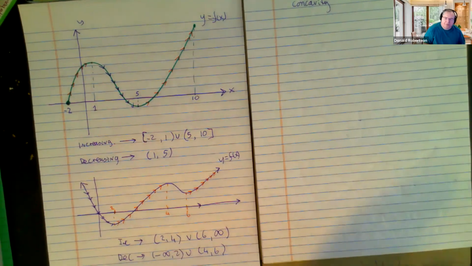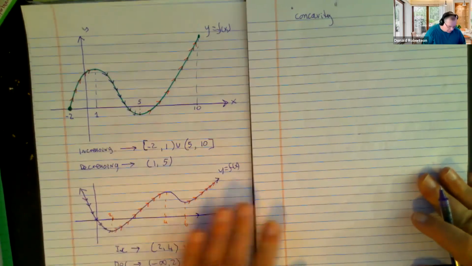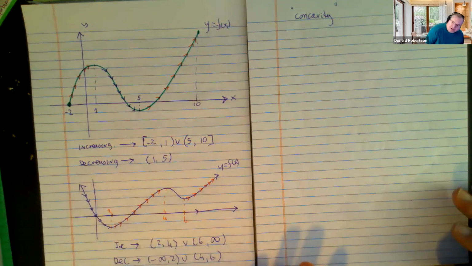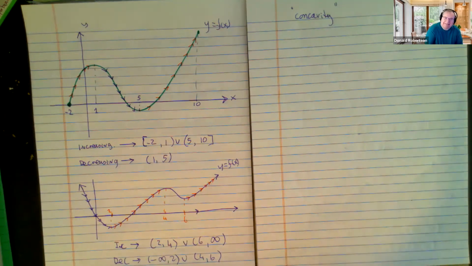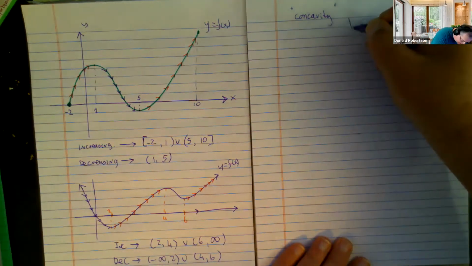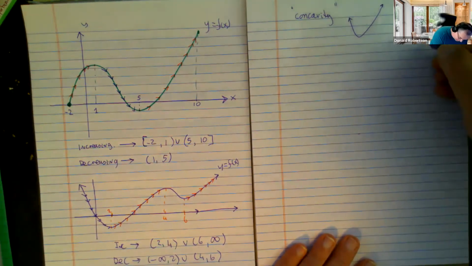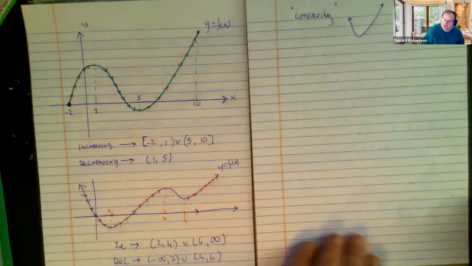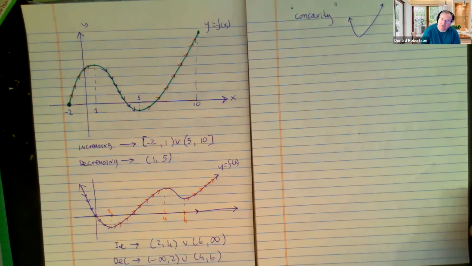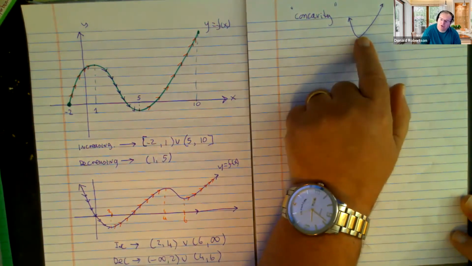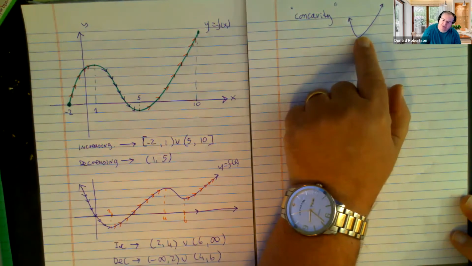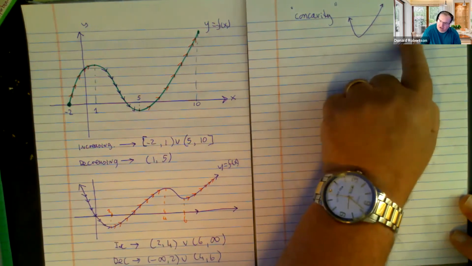Concavity is a term that is basically talking about how the shape of the curve is curving. Some curves have that kind of happy face shape. Some curves have a sad face, right? Concavity is what we are talking about.